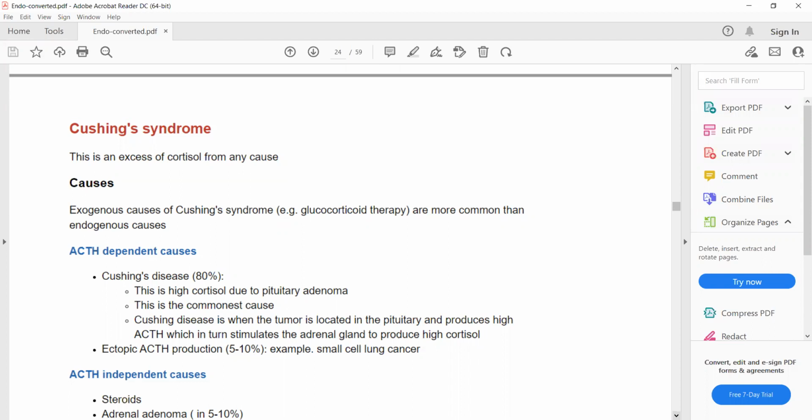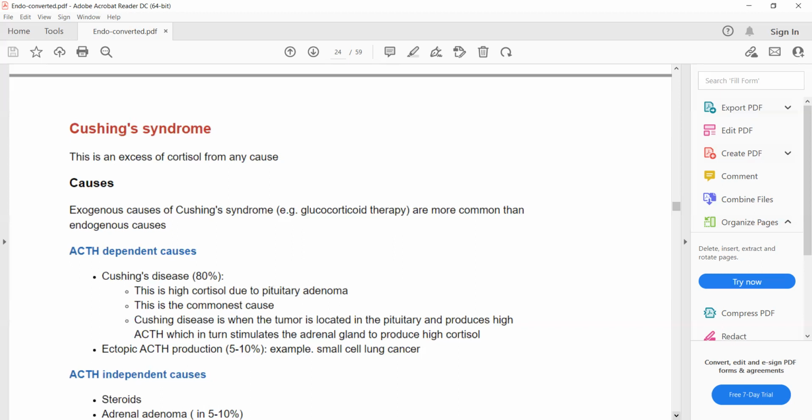So, adrenal glands produce two important hormones. There are two parts of the adrenal gland. One is adrenal cortex, one is adrenal medulla. Adrenal cortex synthesizes and secretes three hormones.